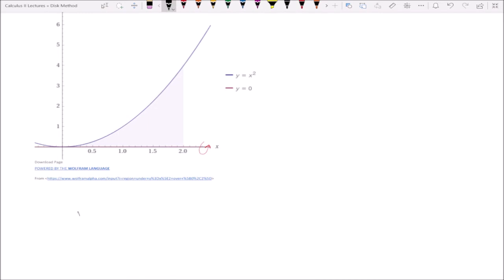So the volume would be pi times the integral from 0 to 2 of the radius squared, so x squared squared dx. So what we're really doing is pi times the integral from 0 to 2 of x to the 4th dx. So pi over 5, x to the 5th, evaluated from x equals 0 to 2, and we wind up with 32 pi divided by 5.